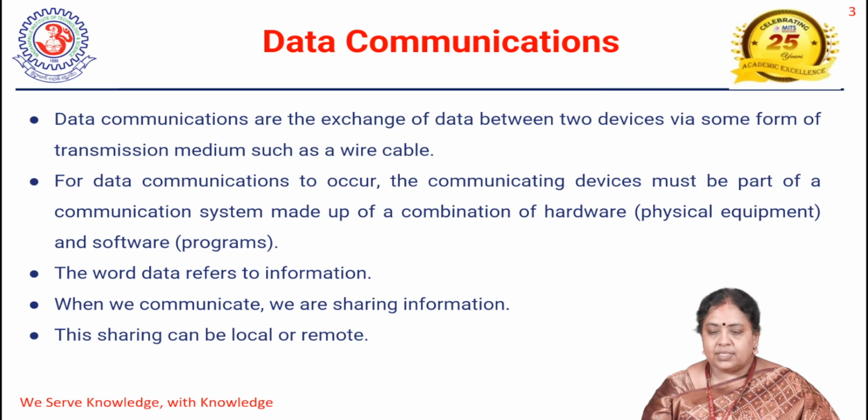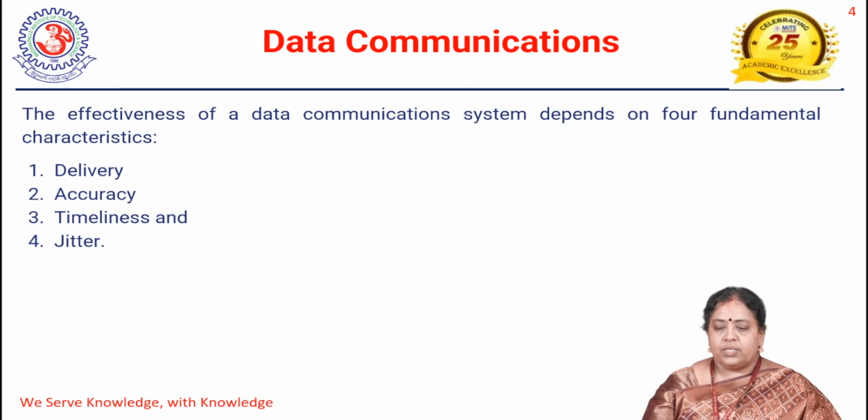So what I mean to say is data communication is the exchange of data between two devices through some transmission media, that is, through some communication channel. Then we talk about the effectiveness of data communication.